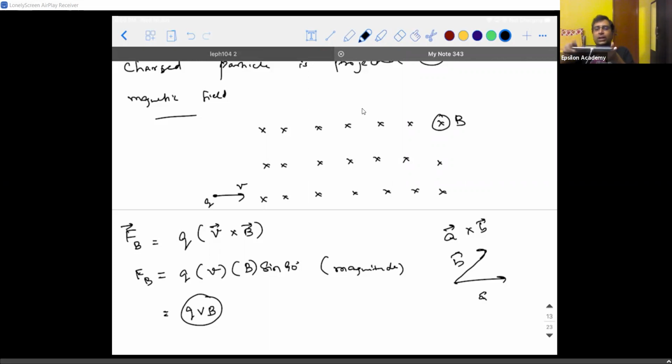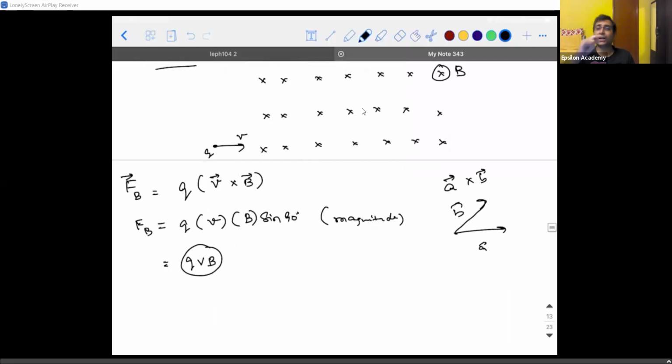If I keep my book like this, this is the direction of velocity, this is the direction of magnetic field. So velocity is in this direction, force is in this direction. Are you able to understand, guys? So as soon as the particle enters the magnetic field, it starts experiencing a force in the direction perpendicular to both velocity and the magnetic field.